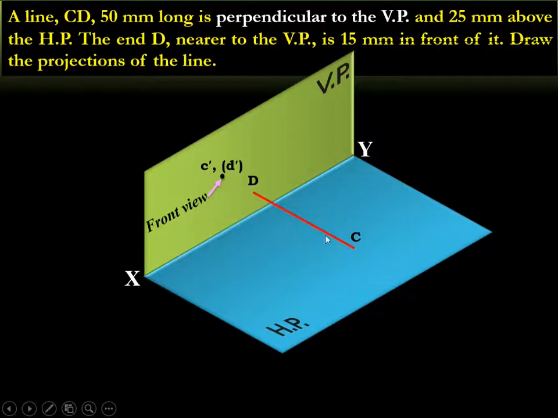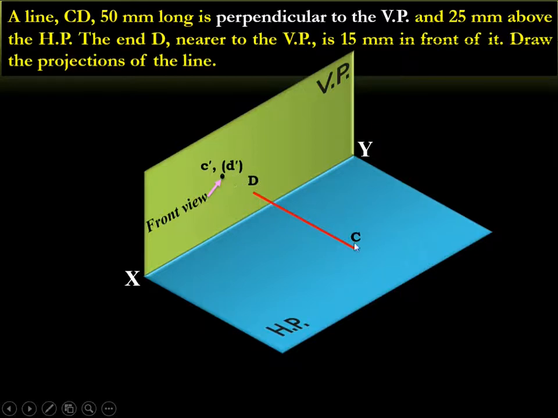From this diagram we can understand that the end C is facing the observer and the other end D is facing the vertical plane. While forming the projection, the end C is hiding the end capital D. Therefore, in the front view, the end capital C becomes a visible end and the other end capital D becomes an invisible end.